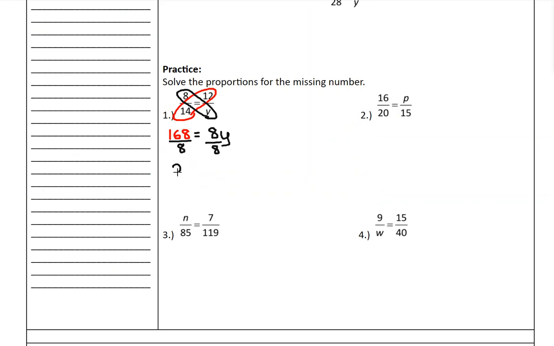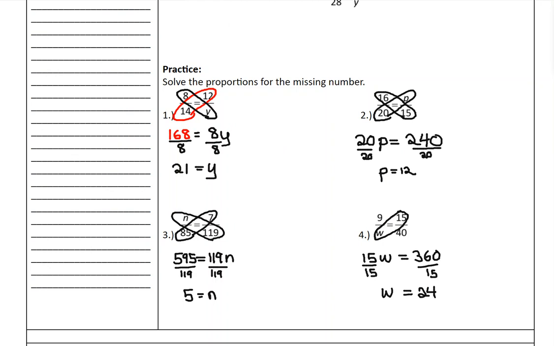So 168 divided by 8 is 21, and that's equal to y. Y has to be equal to 21. So 8 out of 14 would be proportional to 12 out of 21. Follow this example and pause here to complete the next 3.